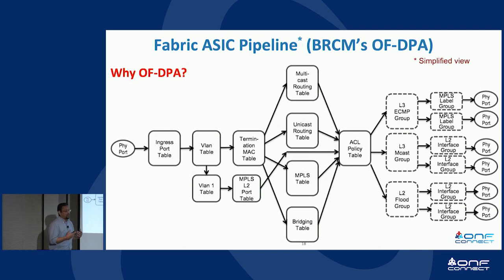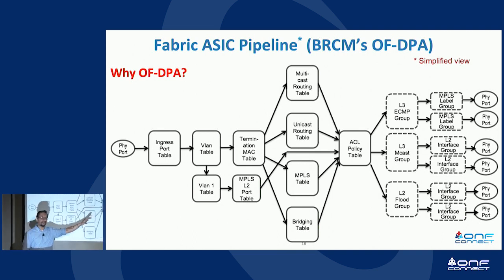So if you're familiar with the ASICs that Trellis supports, you can understand that there could be a number of different kinds of pipelines. The pipelines under the hood could be actually very different. But what OFDPA does is that, don't worry about it. We've taken care of the differences between these different ASICs, but we have presented this picture to the SDN controller, so the SDN controller knows what it wants to program, whether it's the bridging tables or the routing tables or MPLS or VLANs.